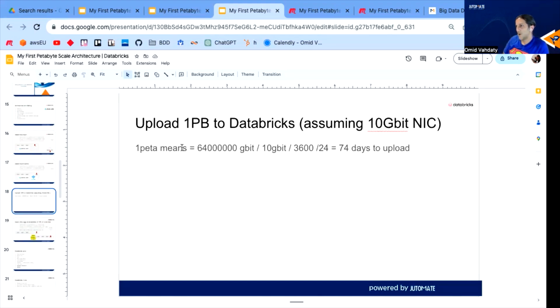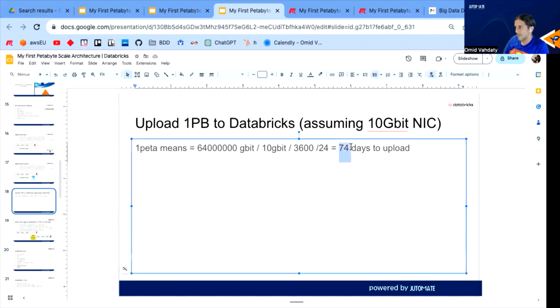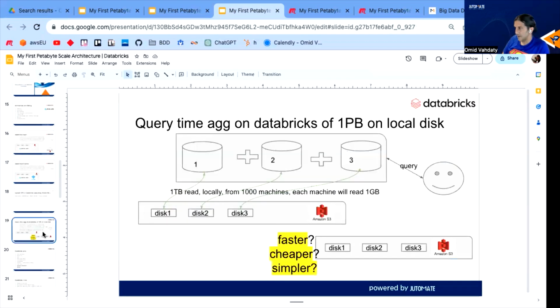So assuming 1 petabyte and a 10 gig NIC, you're talking about a very long process in terms of effort to complete the task. Naturally, this varies drastically by the number of machines and network cards. It's just an example for calculations. You'll get a sense of what it means to upload or insert 1 petabyte.